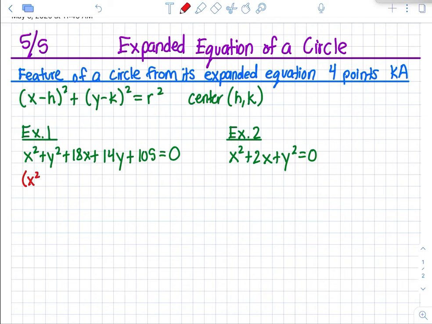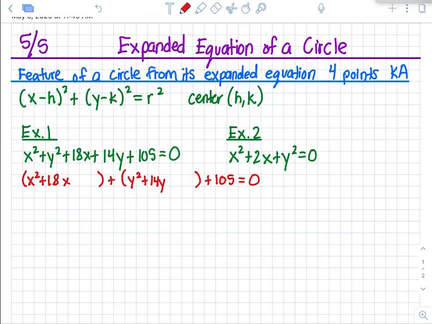Now we're going to put the 18x right next to it, and we're going to leave some space. Plus, now we're going to complete the square with the y variable, so y squared, and then let's put the 14y right next to this, and then leave some space, and that's going to equal, oh, we forgot the 105, and that's going to equal 0.